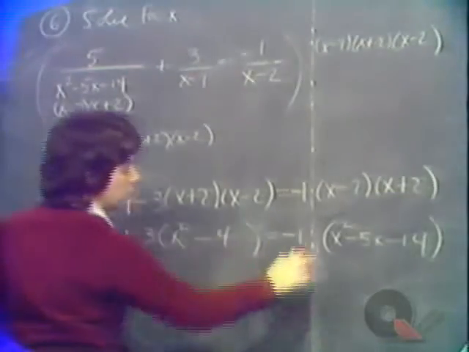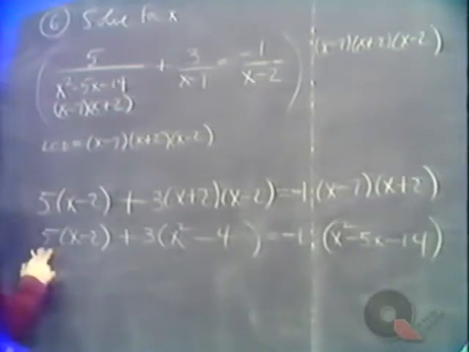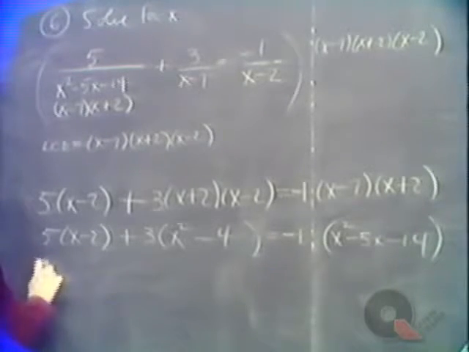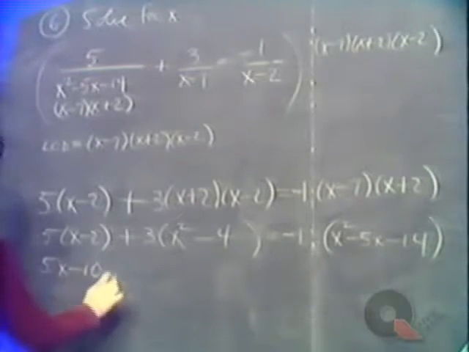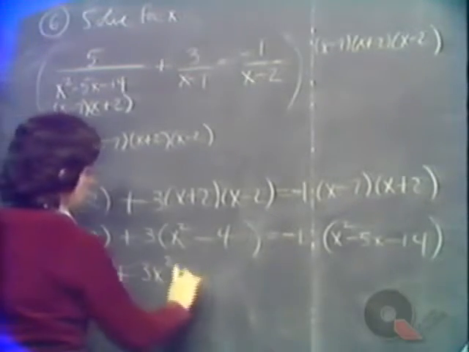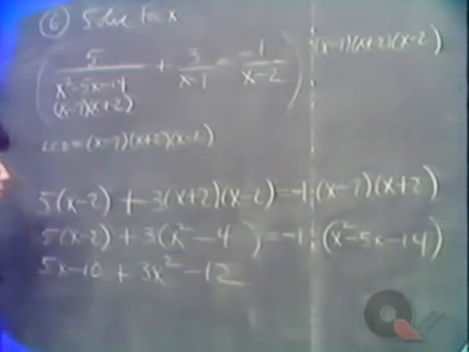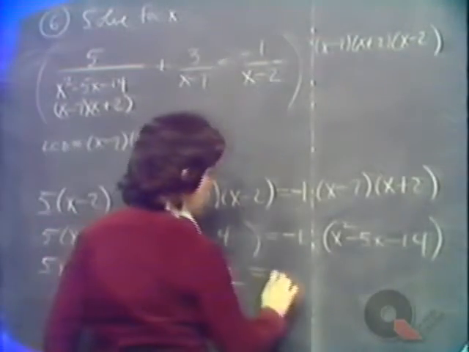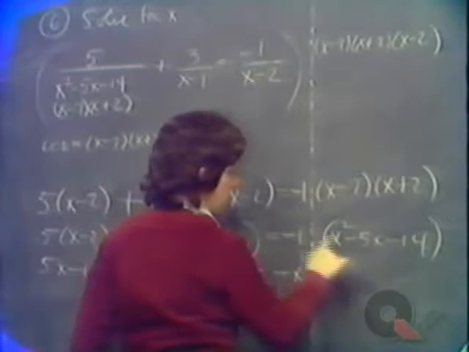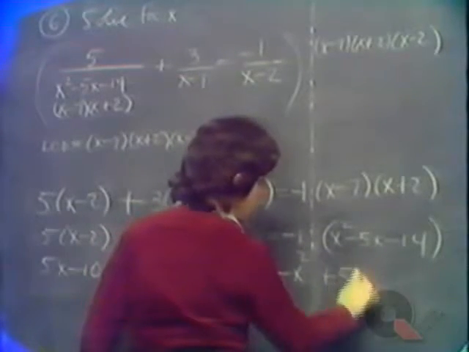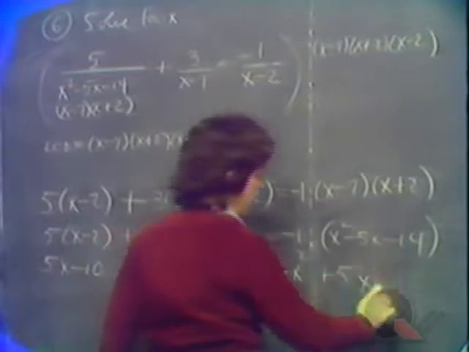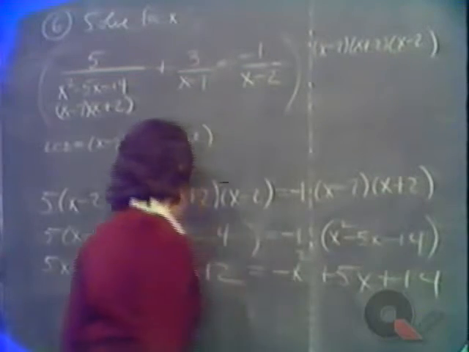Now we'll multiply in each case through by the constant. We're going to distribute the constants, giving us 5x minus 10 plus 3x squared minus 12 equals minus x squared minus 1 times minus 5x, that's plus 5x, minus 1 times minus 14, that's plus 14.